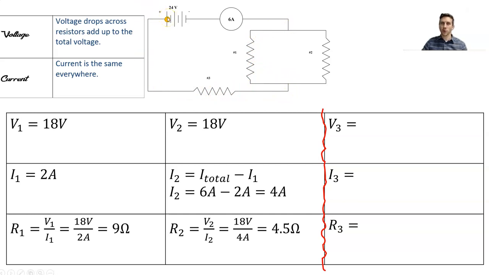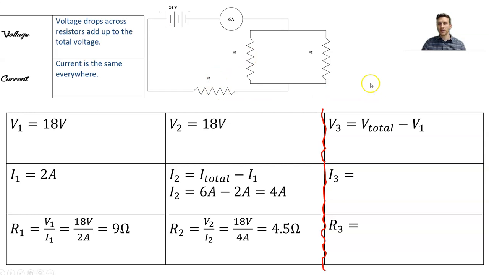So it's lost all 24 volts. Okay, so it had 24, went this way, lost some voltage there. How much did it lose? Well, it lost 18 volts across resistor 1, and then went this way and lost the rest there. Okay, it loses a tiny bit in the wires, but for the most part it's losing it in the resistors. So if it started with 24 and lost 18, how much will it have lost here?